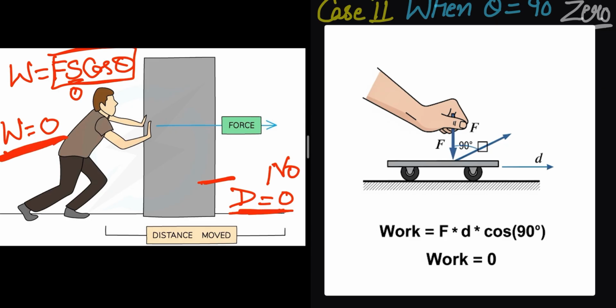Now come to the other case, which is our case number two, which is very important. What is the other way in which the work done will be 0? When the angle between the force and displacement is what, students? It is 90 degrees. Look here, what is that case?